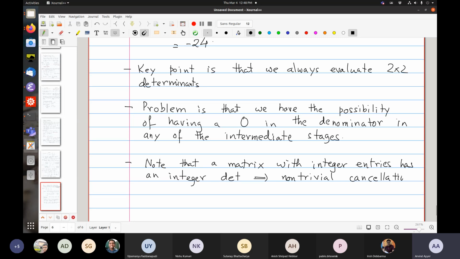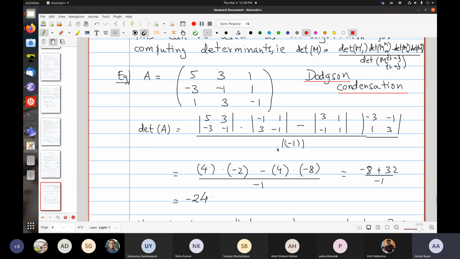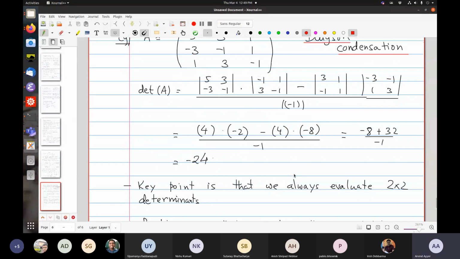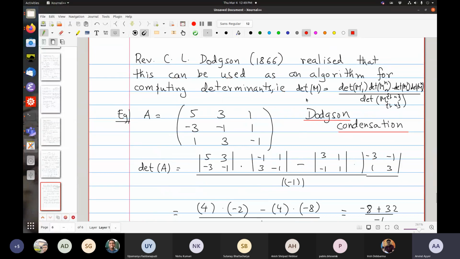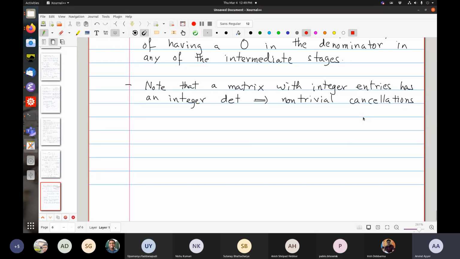I should have said, this algorithm for calculating is called Dodgson condensation. The term condensation was used by Dodgson himself, but the term Dodgson condensation for this algorithm is more recent. It was popularized by Zeilberger.